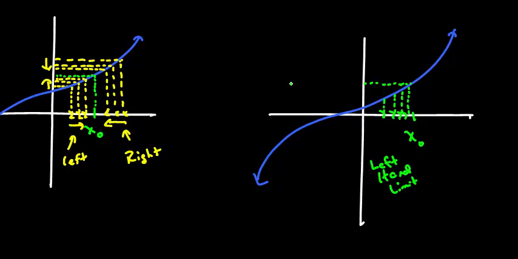Now you may say, how is this new limit definition different than the old limit definition? The difference between them is that our function can contain a left or a right-handed limit, a one-sided limit, but not contain an overall limit. So let me give you an example.